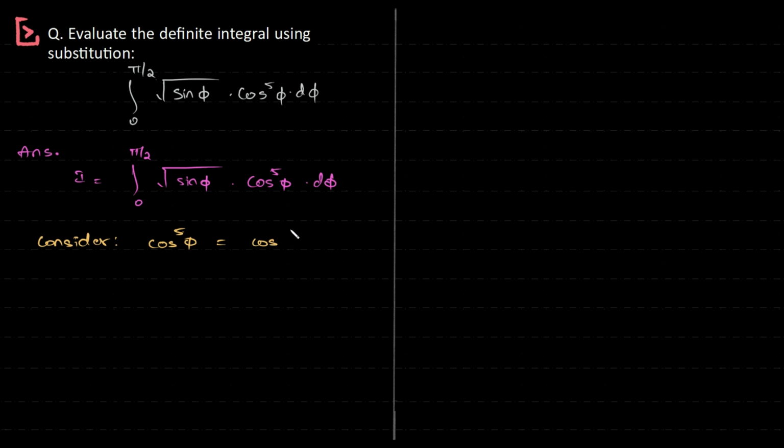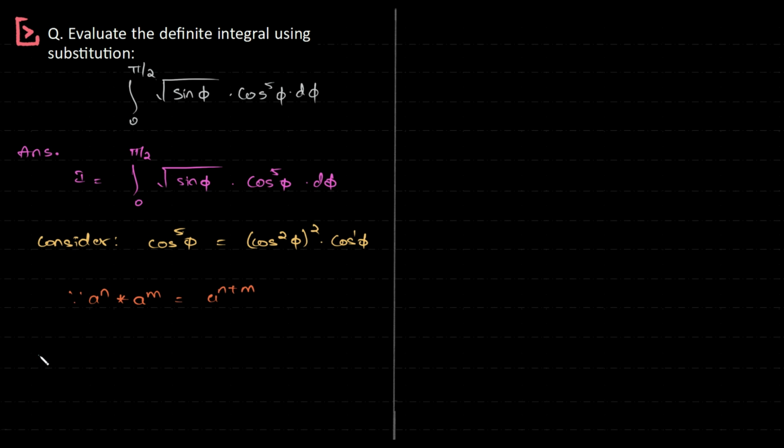This is cos square, the whole square, into cos of phi. So the square is 4, 4 plus 1 is 5, right? I made use of the formula a to the power of n into a to the power of m is a to the power of n plus m. Agree?